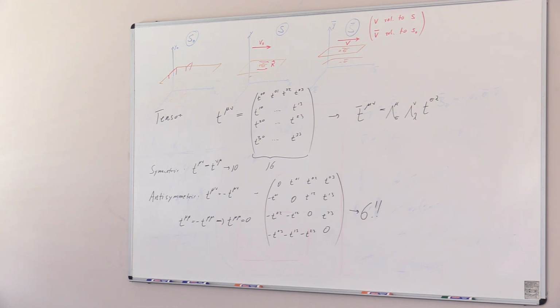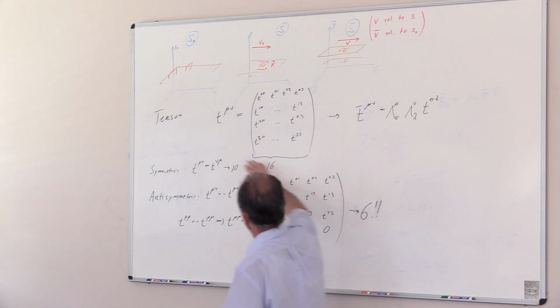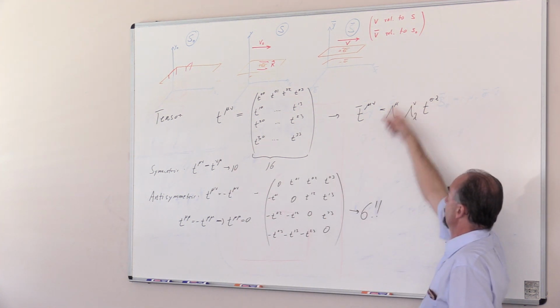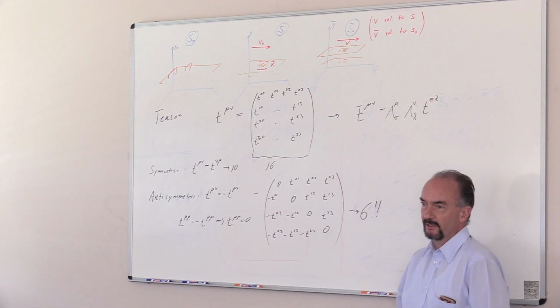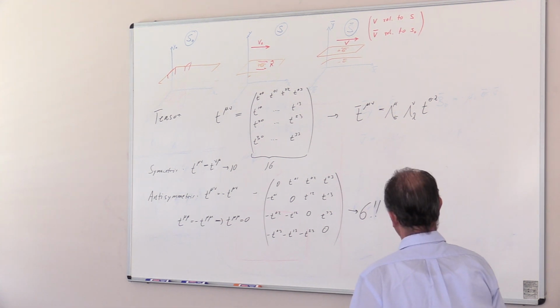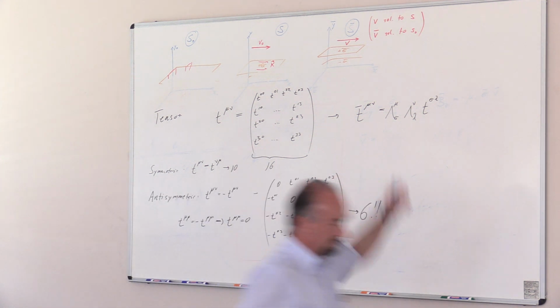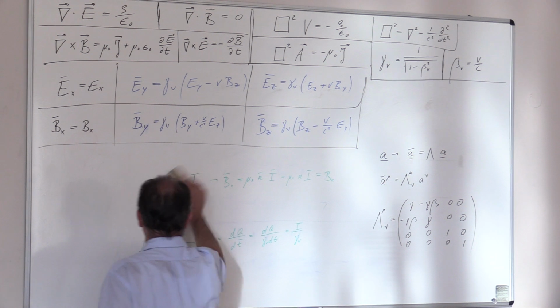We figure out how to do that. We know how we can produce an anti-symmetric tensor that gives us the fields, and this tensor transforms with the standard Lorentz transformation. So let's see what this actually means for these transformations.